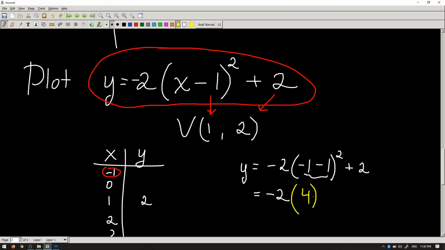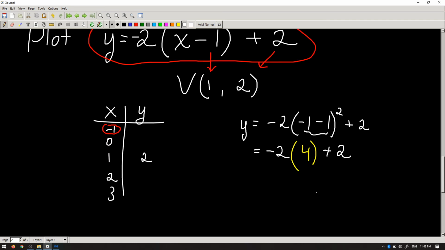So it's going to be basically negative 2 times 4 plus 2. Now what is negative 2 times 4? Well, that's negative 8, and then plus 2 is negative 6. So the y-coordinate beside negative 1 is negative 6. Now due to symmetry, it's going to be the same on the opposite side.